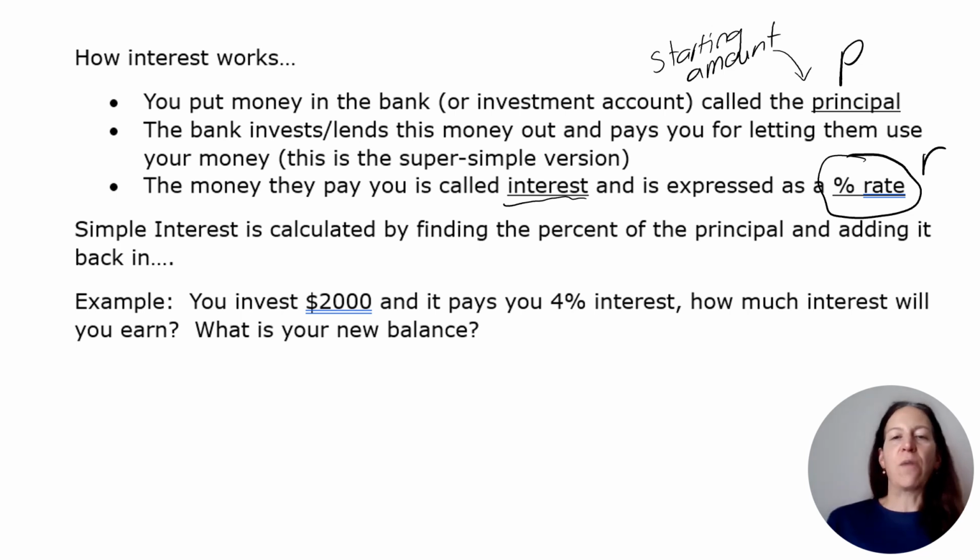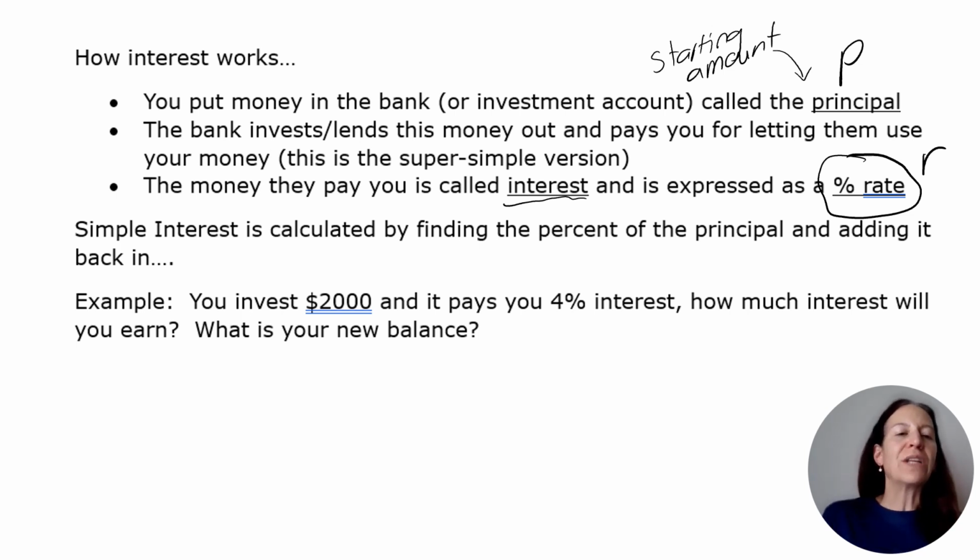So you might say, this account pays 2% interest. You might have heard people talk about interest rates. That can mean both the interest you pay on a loan and the interest you get on your account, and they tend to rise and fall together.